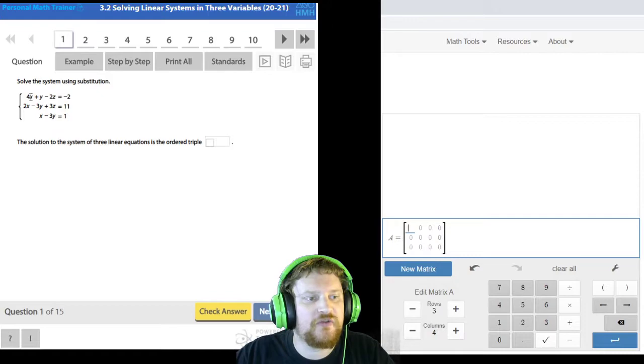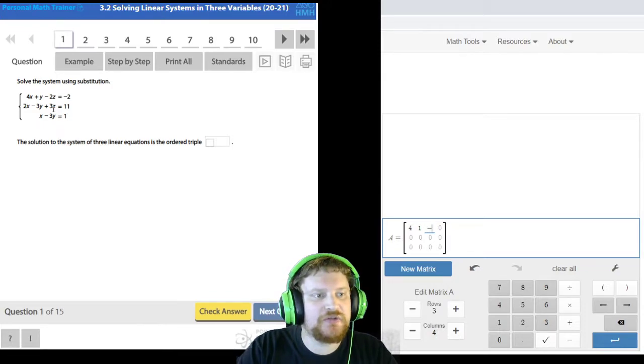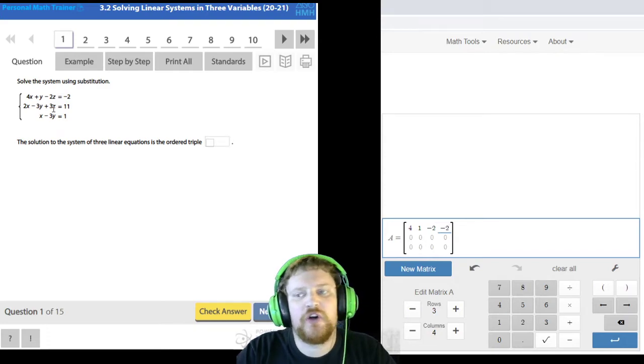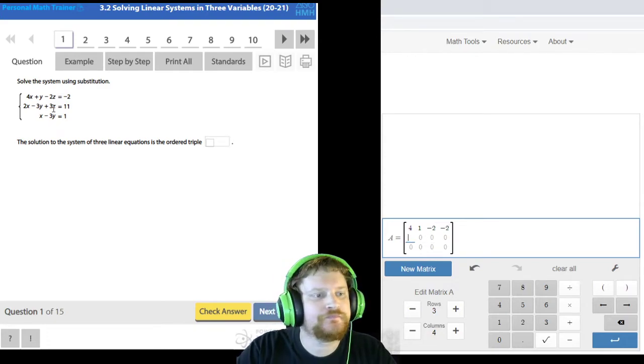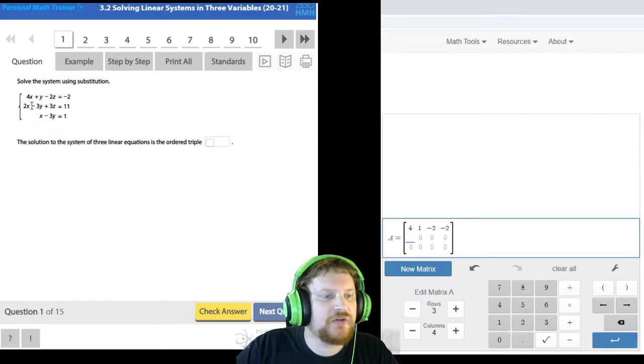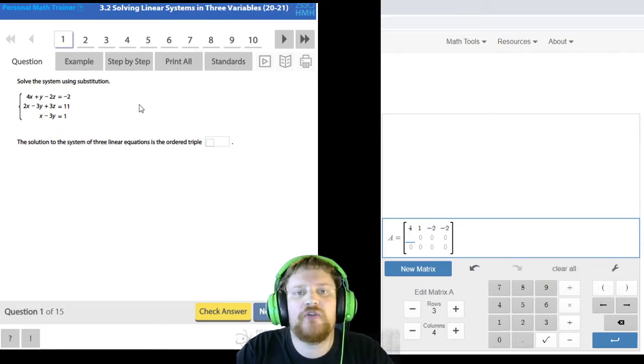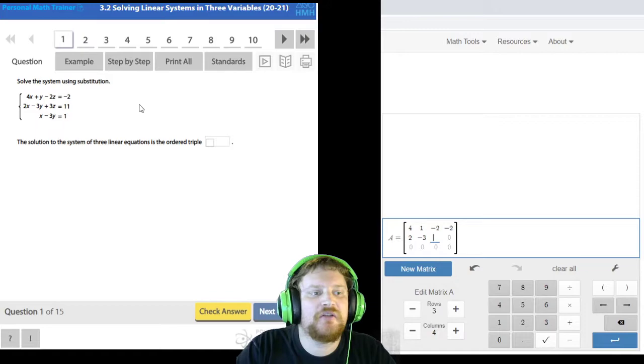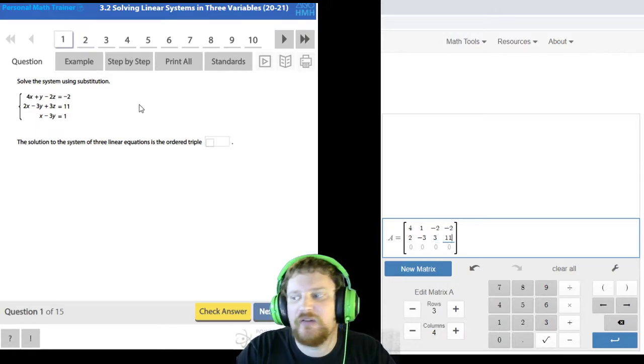So the coefficient of x is 4, coefficient of y is 1, coefficient of z is negative 2, and then we have negative 2 for our answer column. For our second row, we still have x, y, z, constant, so we can just read the coefficients from left to right again: 2, negative 3, 3, 11.